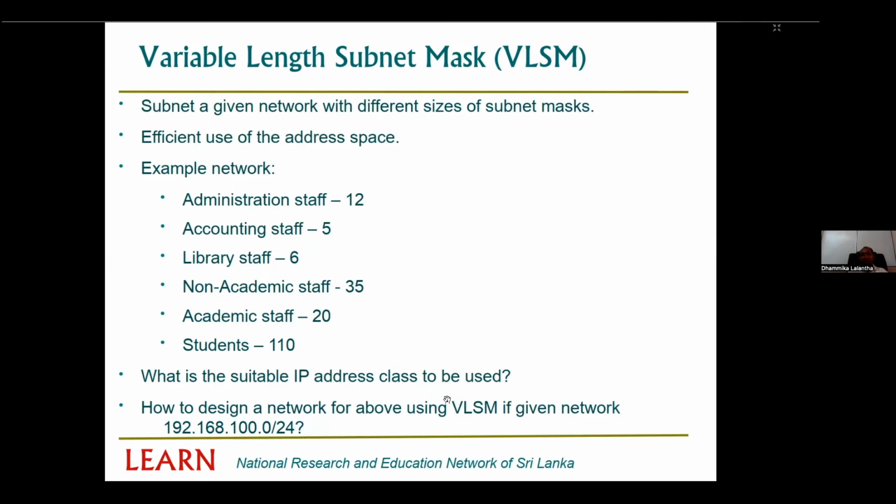So in this example, as you can see, different departments or groups have different numbers of people or hosts. In such cases, to avoid waste of address space, we use variable length subnet mask.